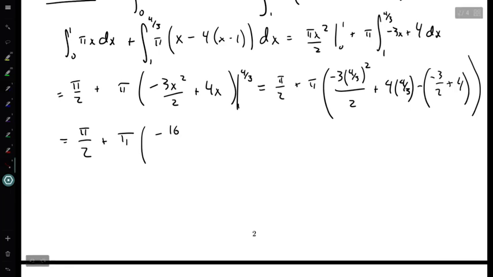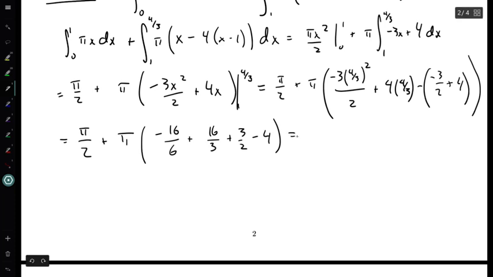The 3 in the numerator is going to cancel out with one of the copies of 3 in the denominator, but that leaves me with another 3 in the denominator, so I'm left with minus 16/6 here. 4 times 4/3 is going to give me a positive 16/3. The minus 3/2 gives me a plus 3/2, and the minus 4 gives me a minus 4.